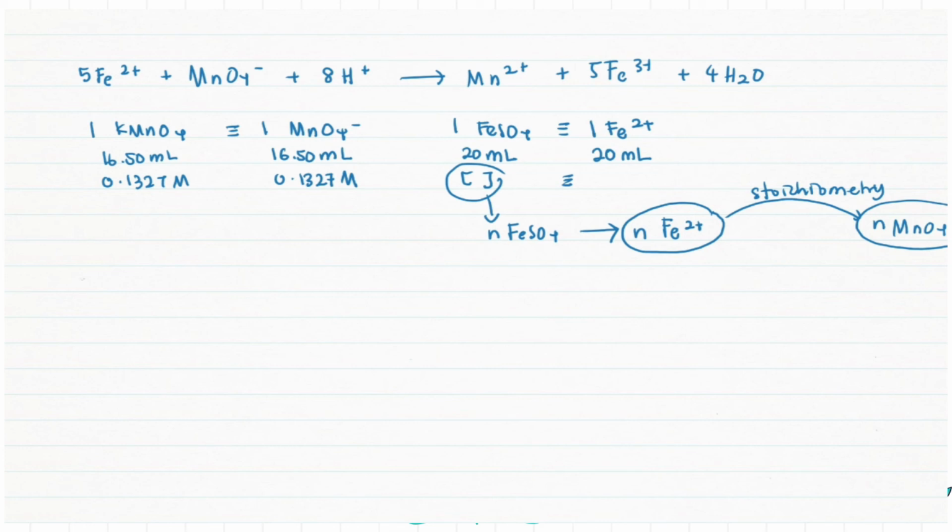So your first step is to calculate the mole of MnO4- solution. Mole of MnO4- is molarity, 0.1327, times its volume.